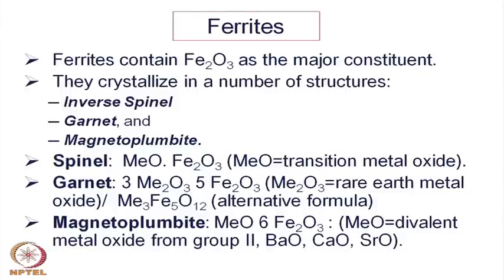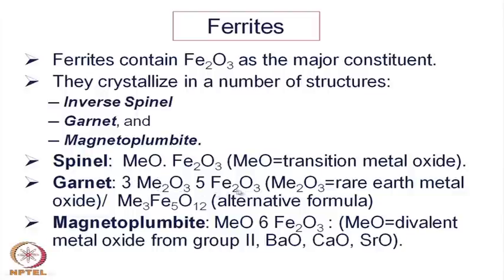Garnet is also a very important group of magnetic ceramics. The general formula is 3Me2O3, a trivalent oxide, and also another trivalent oxide, but Fe2O3 is again common. This is also Fe2O3 in spinel ferrites, and garnet ferrites also have Fe2O3, but the ratio is different. It is 3:5.